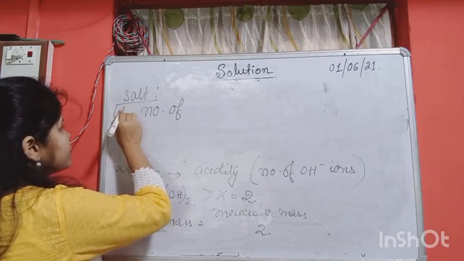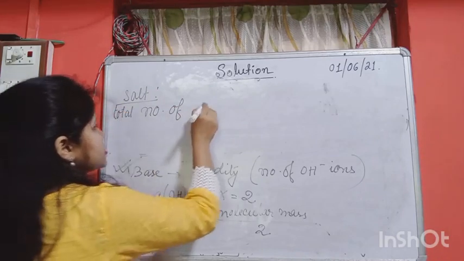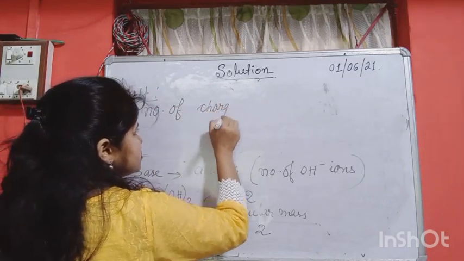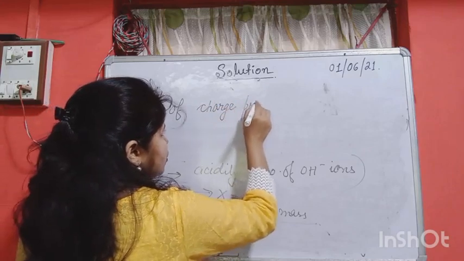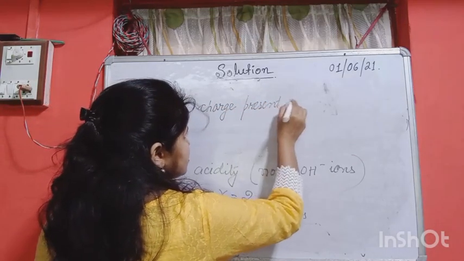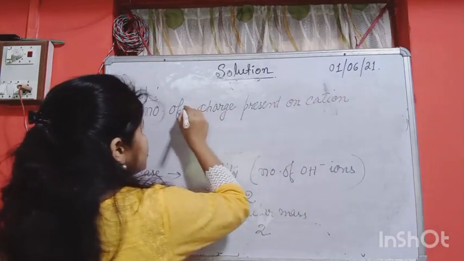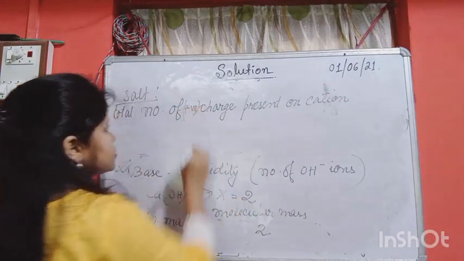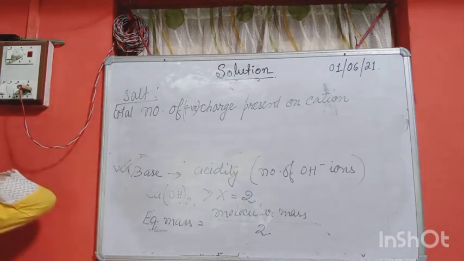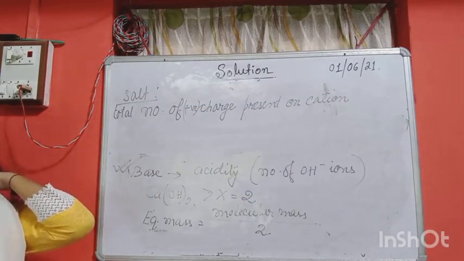It is the total number of positive charge present on the cation.